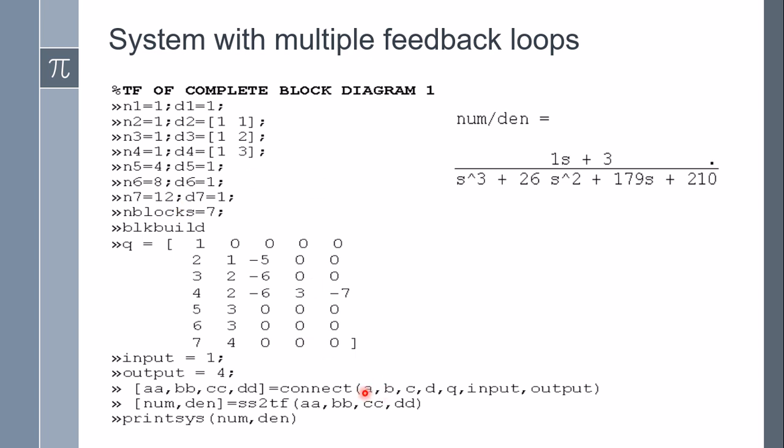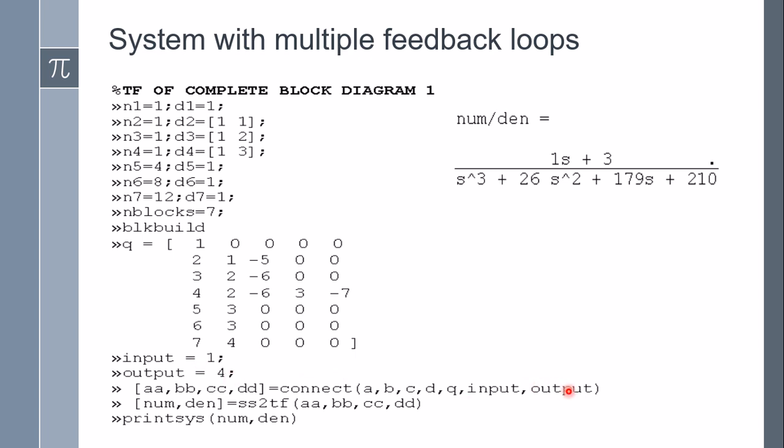It takes the ABCD values of whatever number of blocks you provided, all the ABCD variables of the 7 blocks, and combines them using the interconnections provided in the Q matrix, by considering the input node and output node that we specify.